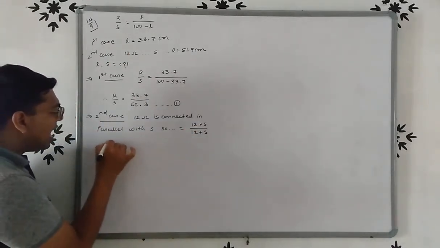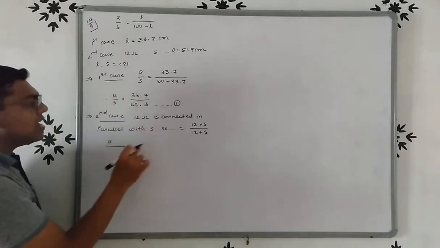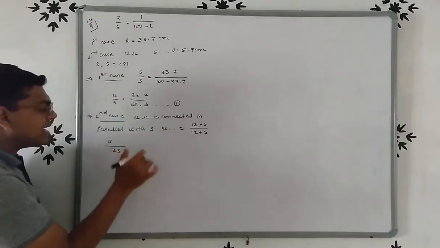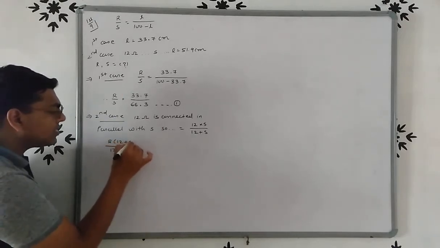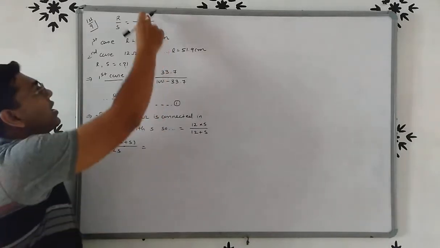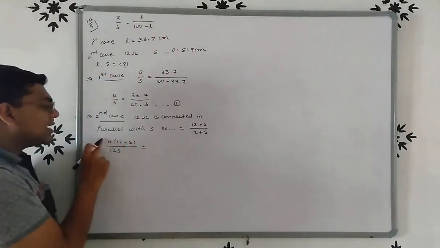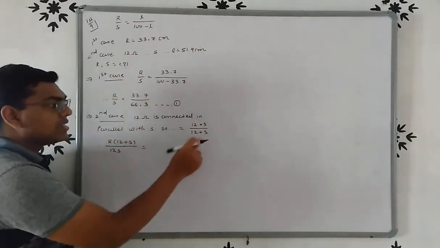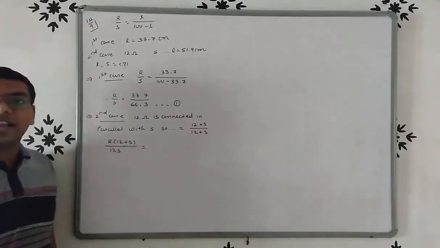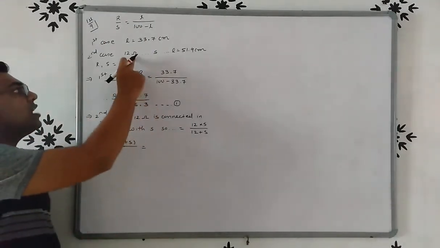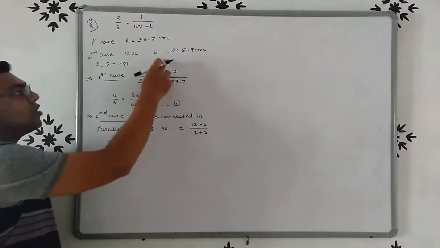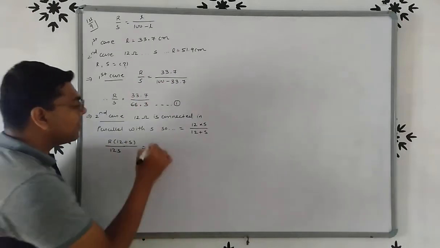So R upon S, but the value of S is now 12S upon 12 plus S. So this 12 plus S goes to the numerator. So R as it is, over 12S upon 12 plus S, is equal to L upon 100 minus L. When we connected the 12 ohm resistor in parallel with S, the null point is obtained at 51.9.